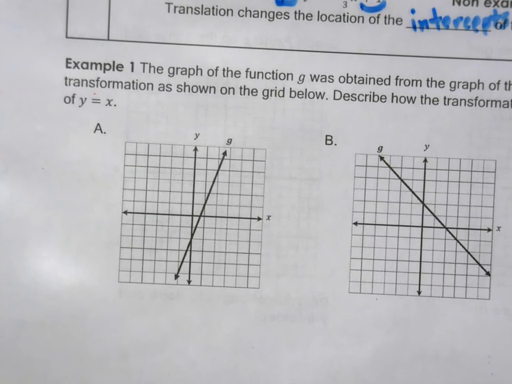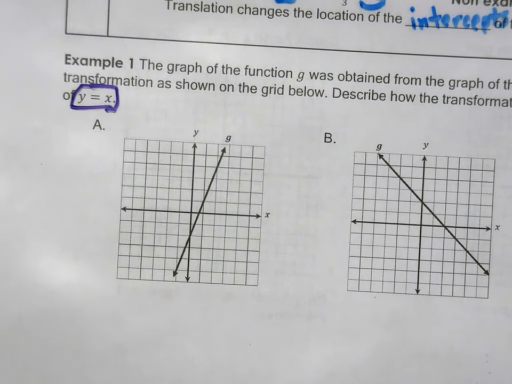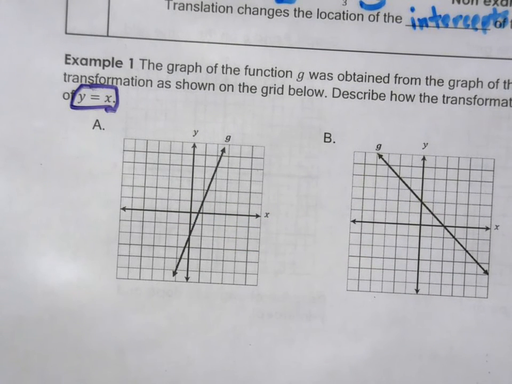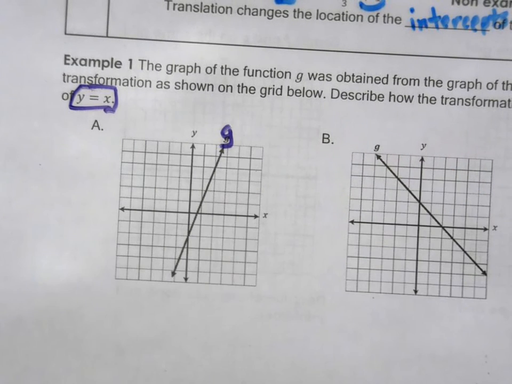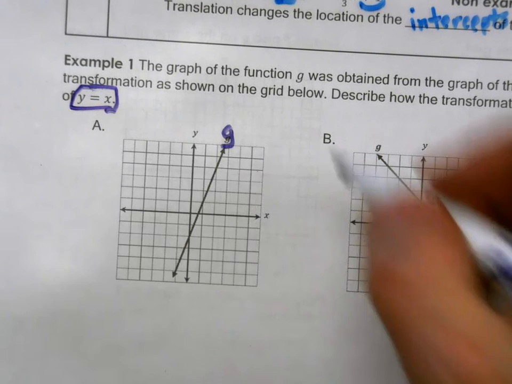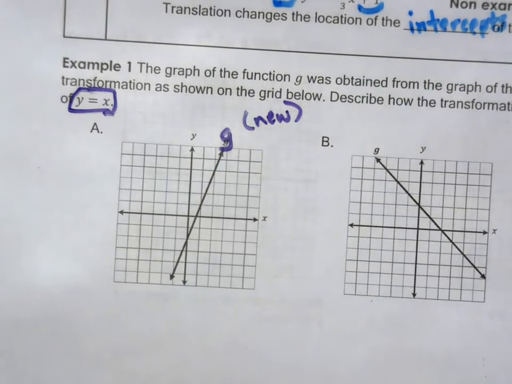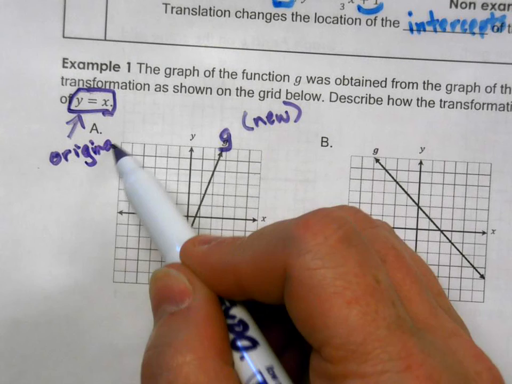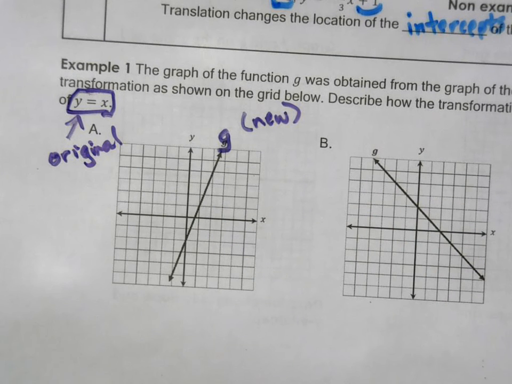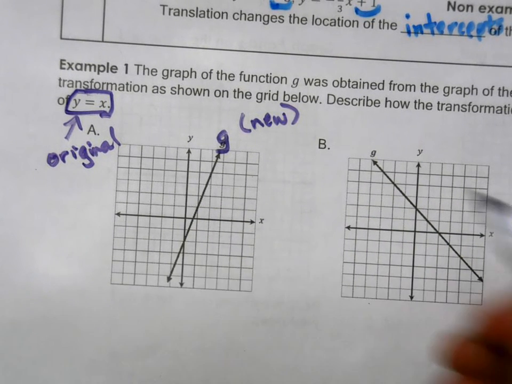So the first thing I'm going to do is graph this y equals x just so I can see the change. Because this is the new graph. What they have is g. So g is the new graph, and this one is the original. I want to graph my original so I can see the change.